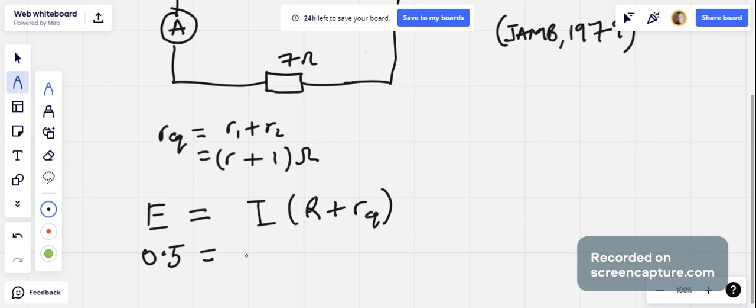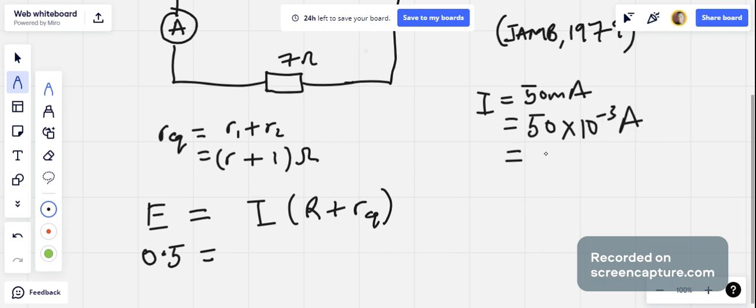Our current was 50 milliamps, which is not in its standard unit. Milli means 10 raised to the power of minus 3, so 50 milliamps gives 0.05 amps. Our external resistance is 7 plus our equivalent internal resistance, which is R plus 1.